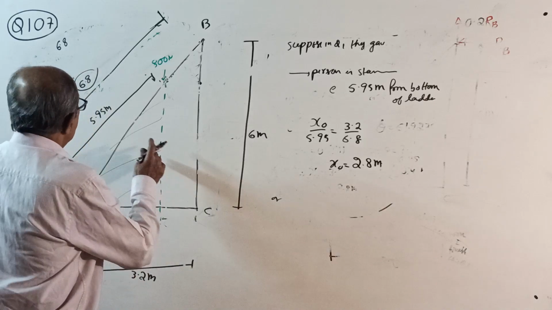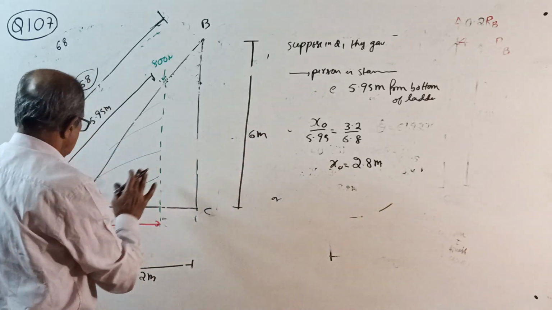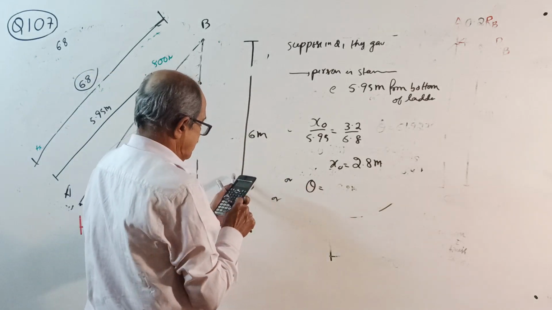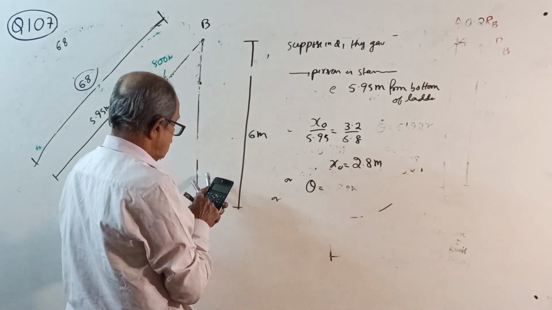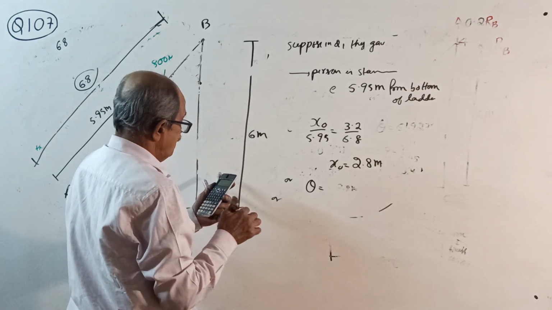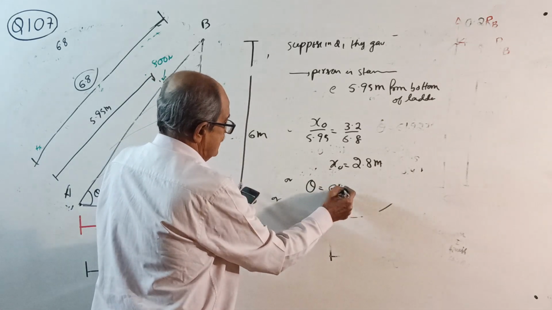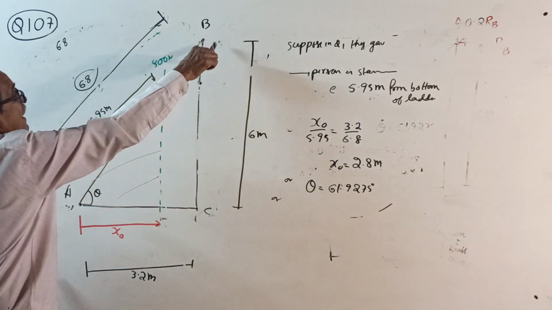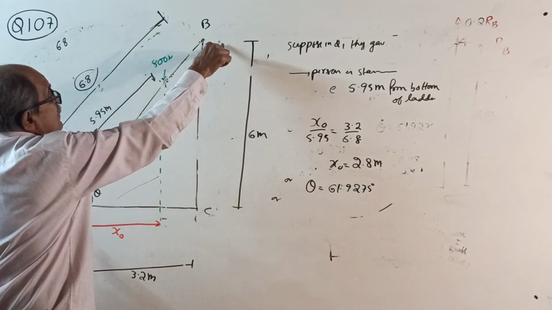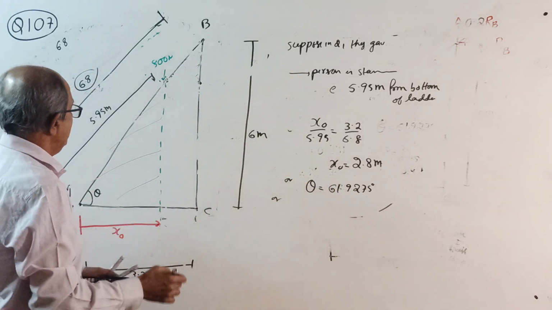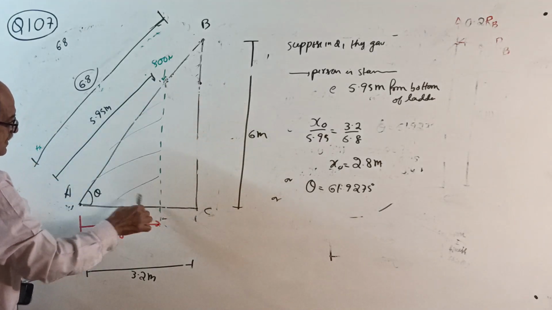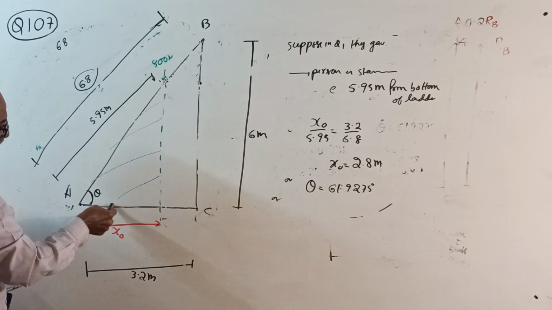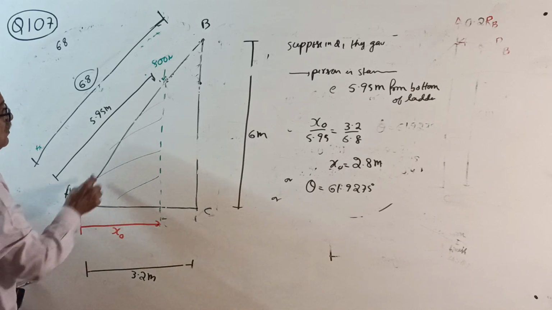Or if you don't like this one, go for trigonometry. Find theta first, same answer. Theta is tan inverse of 6 divided by 3.2, which is 61.9275 degrees. Then in this triangle, you connect this side with this side.